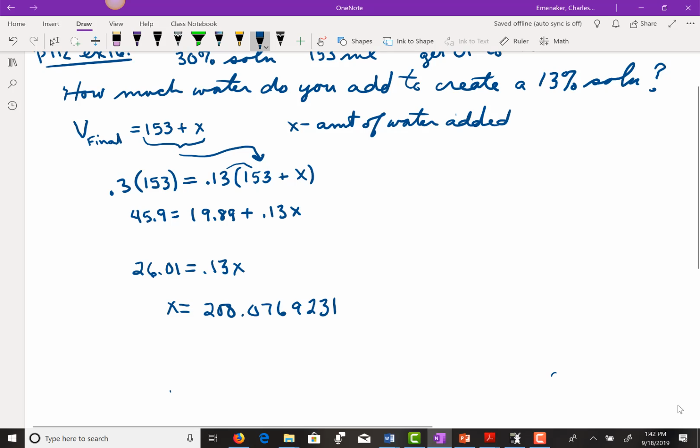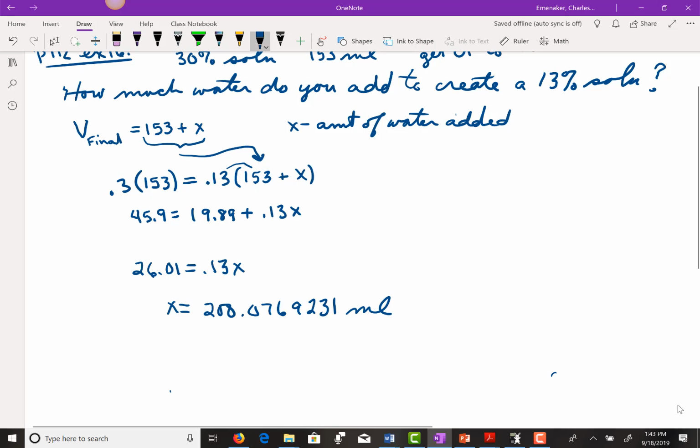How far should we go as far as the decimal goes here? Should we really include all of those digits? No. Why not? Well, because we don't have to.